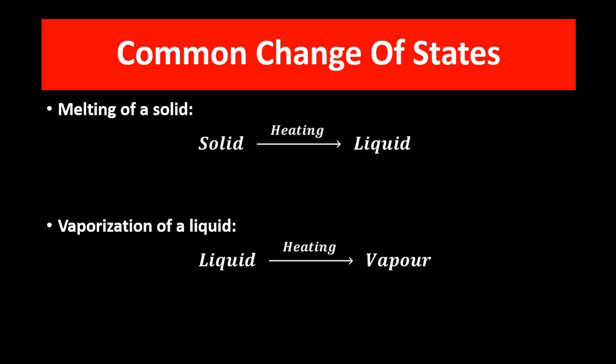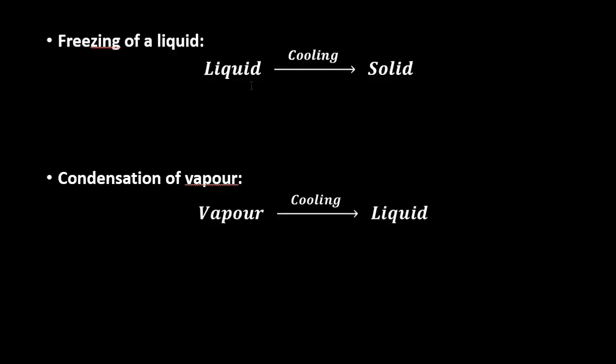Solid to liquid, that is heating, is called melting. Liquid to vapor is vaporization. The reverse, liquid to solid through cooling, is freezing. And vapor to liquid is condensation.